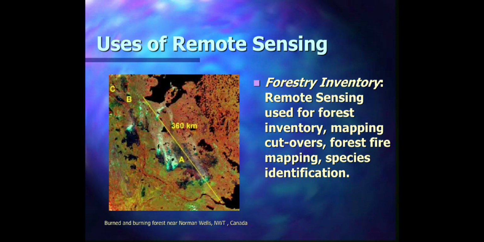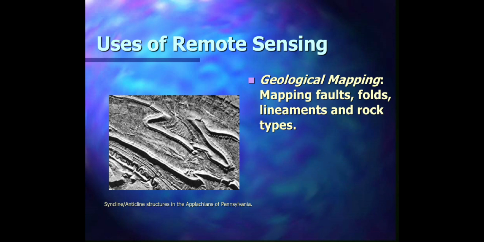So this is a very important section for the use of remote sensing. Other than that, geological mapping is there. There are many types of minerals on the earth's surface.